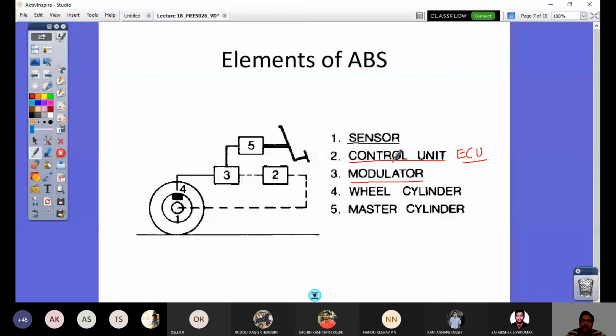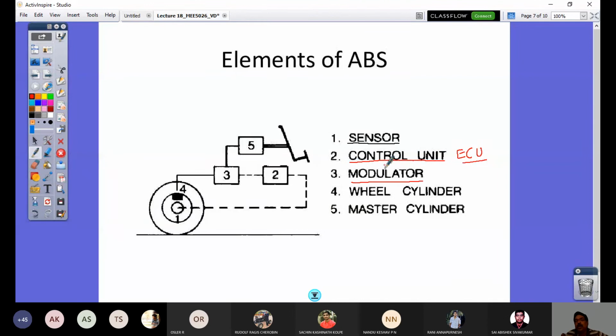And then there is another module in the ECU that sees that the locking is averted. The locking of wheels is prevented. That is also to be understood. If it is prevented, then accordingly it has to give an instruction. Then there is a module for generating a command signal. It will give a command signal for activating the pressure modulator accordingly.